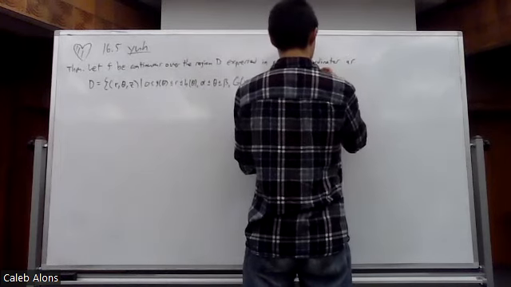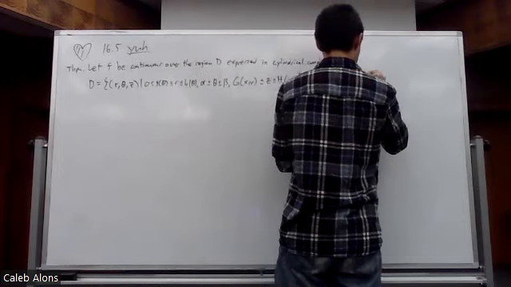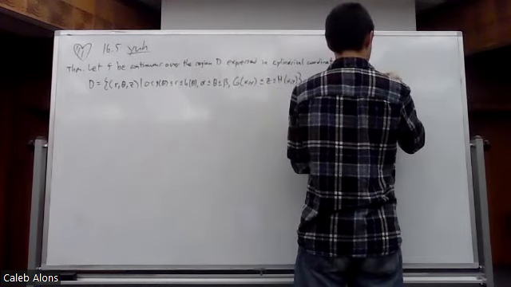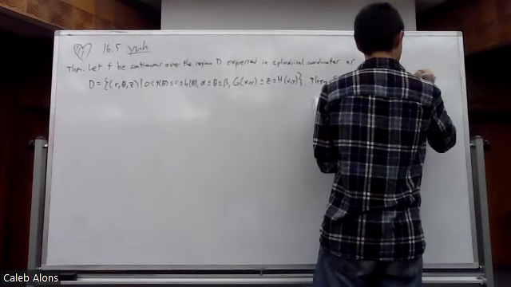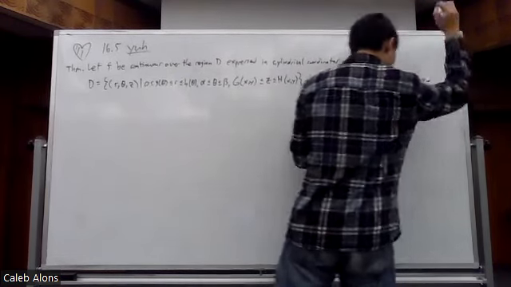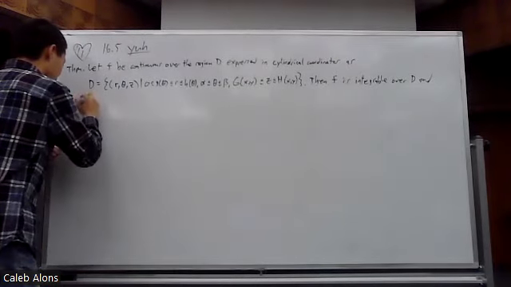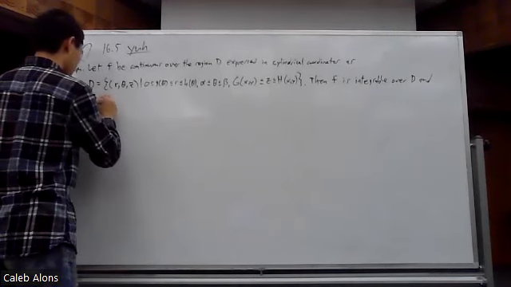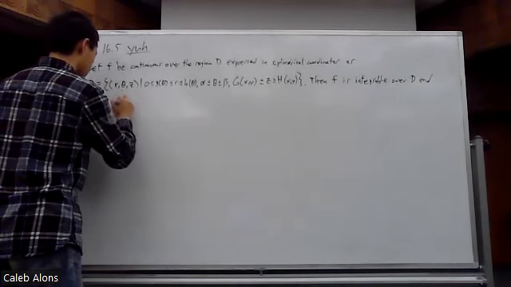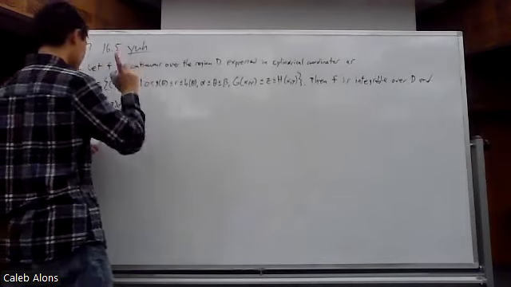Okay, so if that's the case, then f is integrable, very important, over D. And here's the iterated integral. The triple integral over the cylindrical region of a function f(x, y, z) dV is, we do theta last.